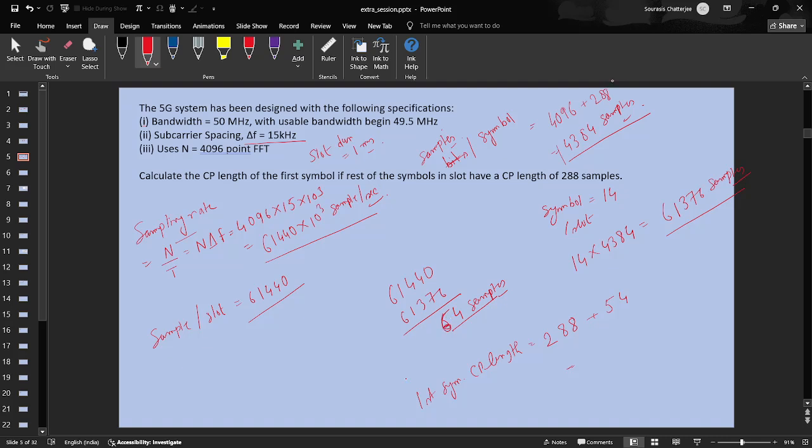Sorry, it's not 54, it's 64. That means we have 352 samples CP length for the first symbol only.